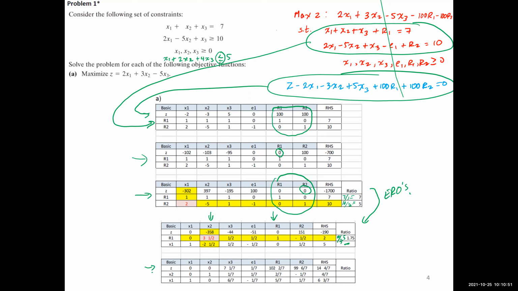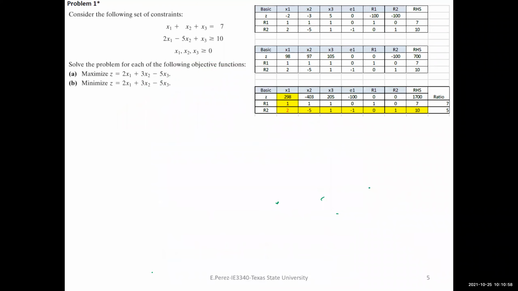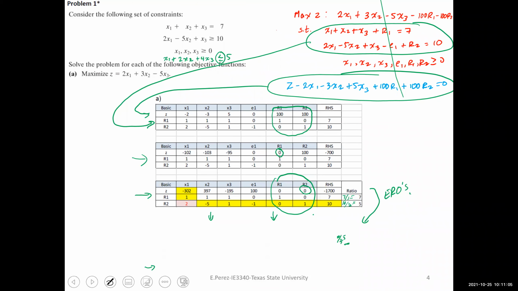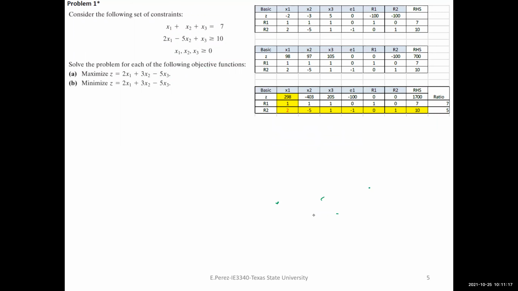For minimization, we're going to have the same formulation, but now, okay, this first tableau is going to be identical, if you look at the top, with the only difference that those coefficients for the artificial variable are negative now.